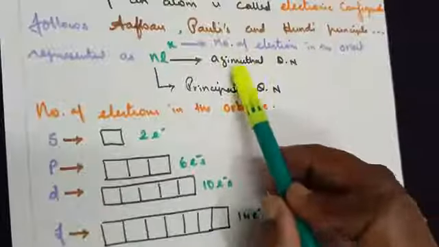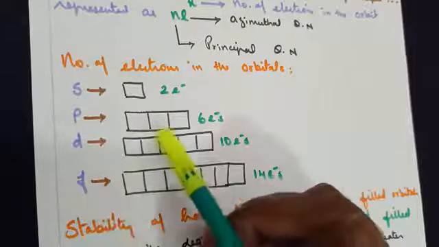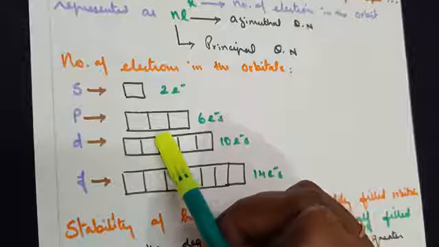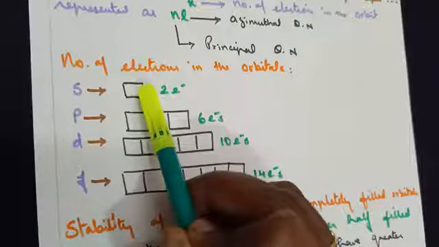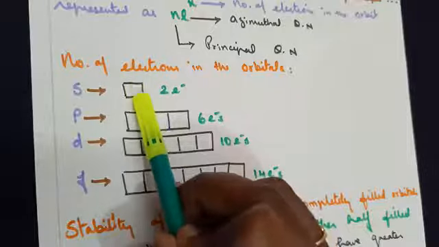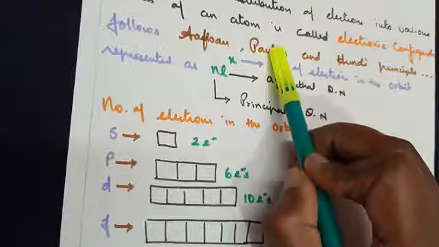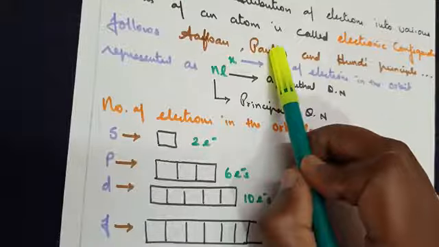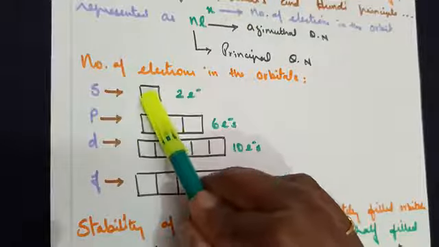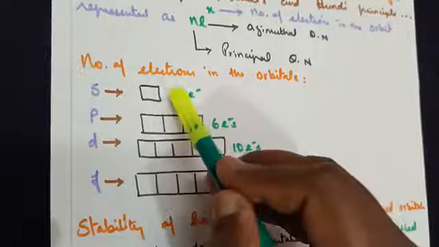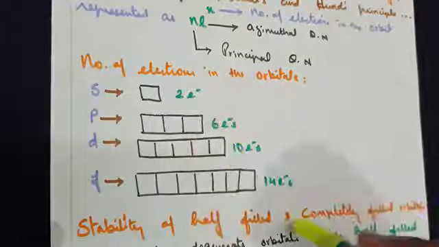I told you this based on the azimuthal quantum number: s, p, d and f. Once again I am repeating. In the s orbital, only one orbital is available. Within that orbital, what does Pauli say? Only 2 electrons can be there with the opposite spin. So in the s orbital, there are always 2 electrons, or sometimes 1 electron, but not more than that.